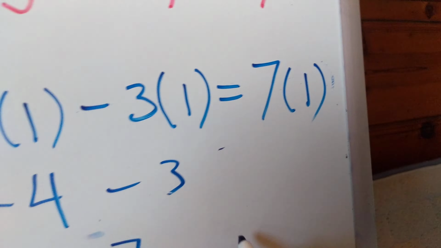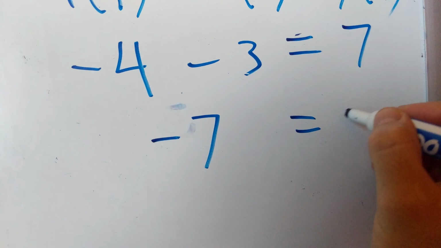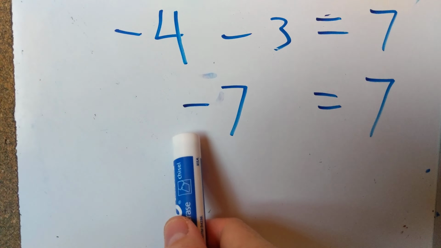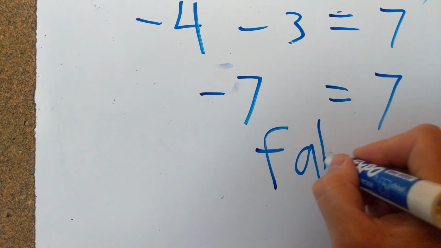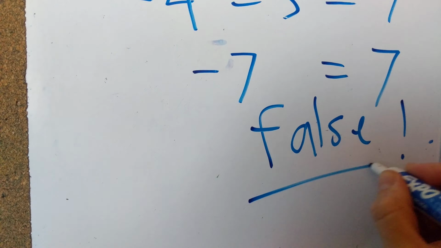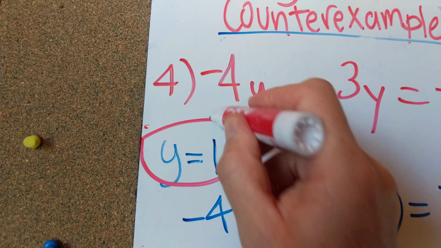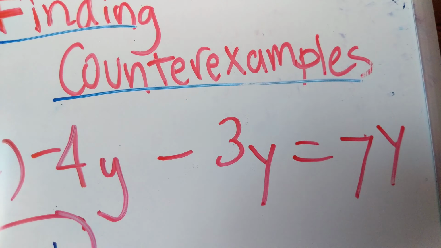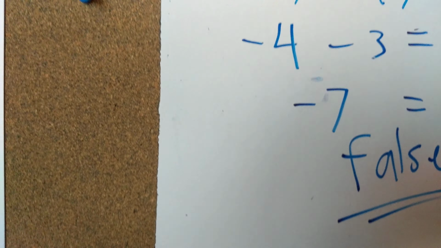That's what you have on the left side. What do you have on the right side? 7 times 1, 7. Alright, so look at what you have. Negative 7 on the left, positive 7 on the right. This is false. Therefore, you found your counterexample. When y is 1, this equation is false.